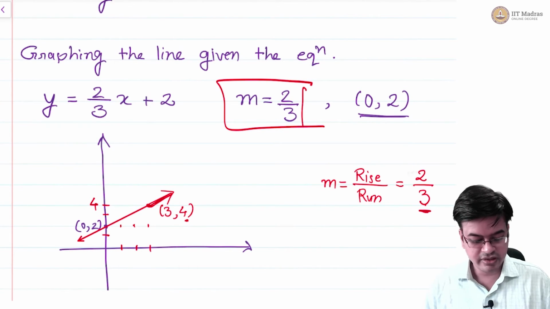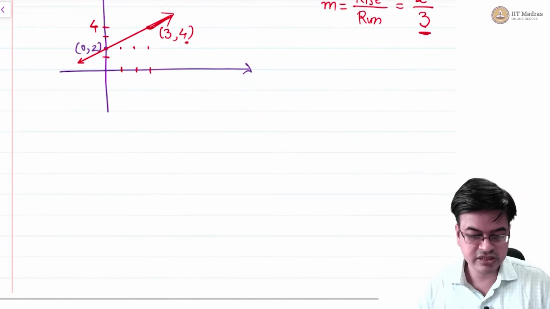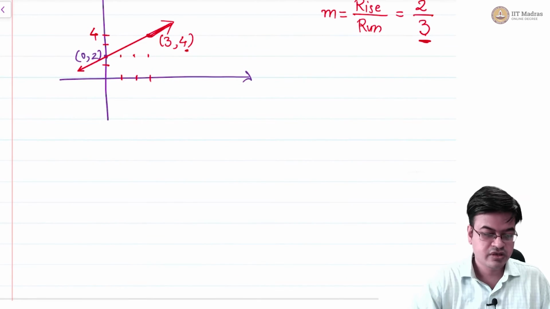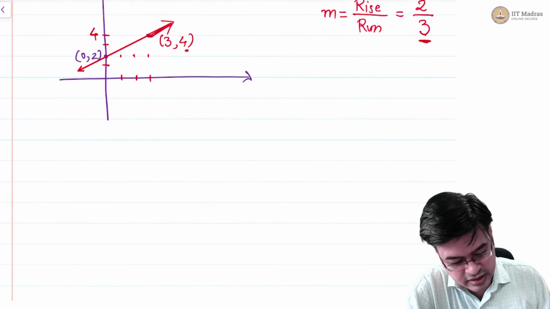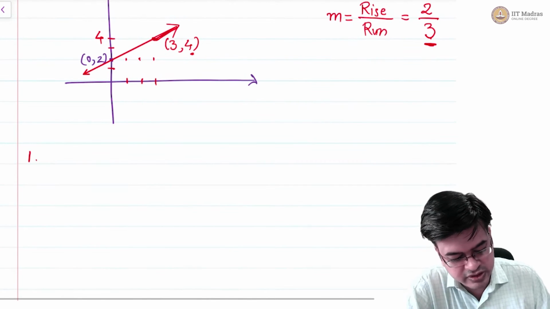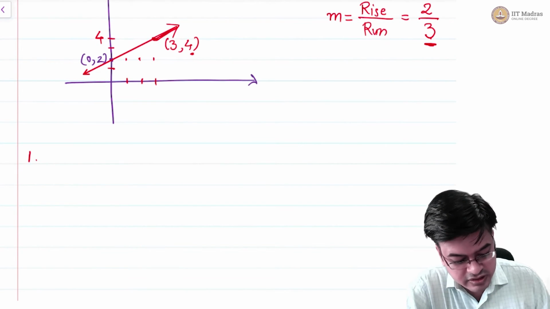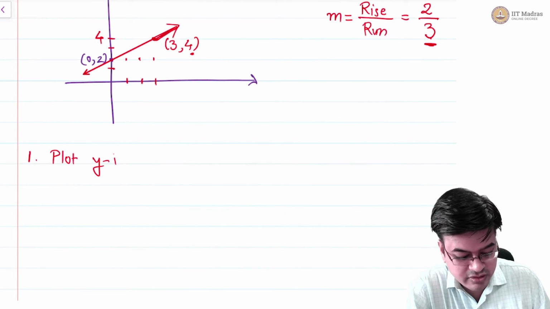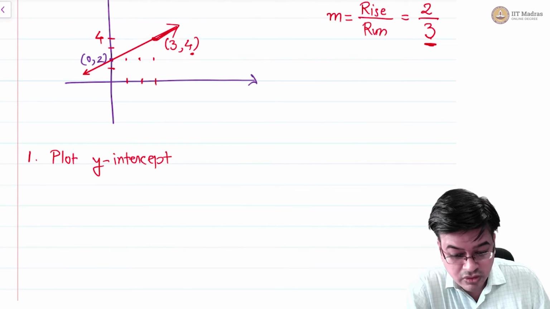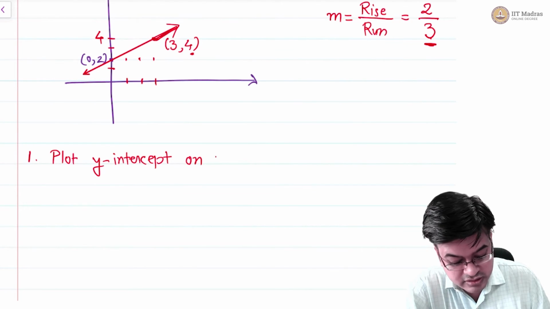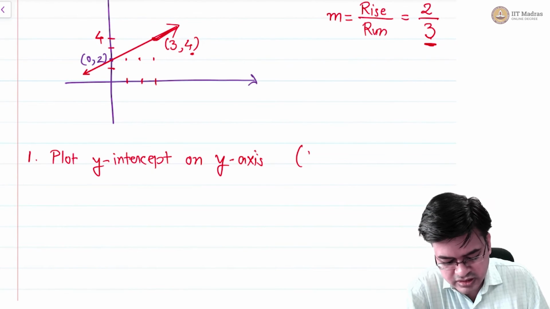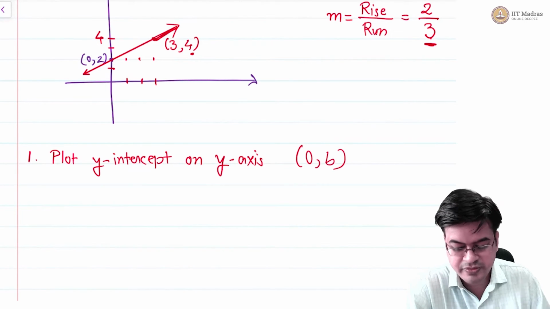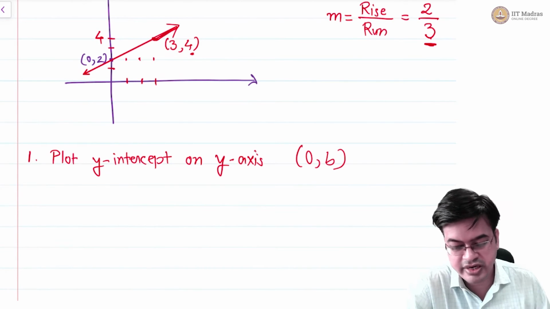So in particular, what we have done can be summarized into an algorithm. First, you see what the y-intercept is and you plot the y-intercept on the y-axis, which is generally the point 0 comma b. You don't have to do anything great over here.